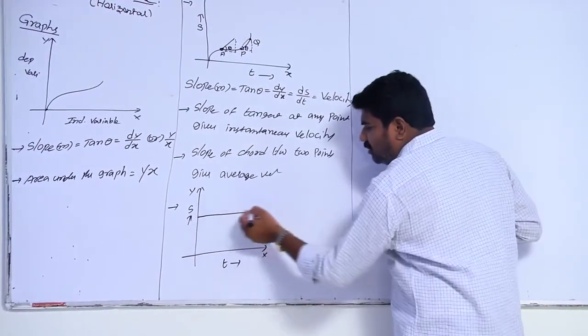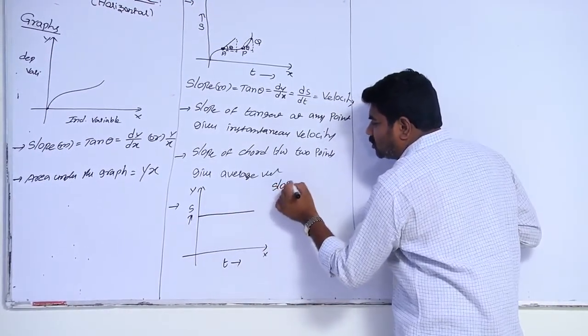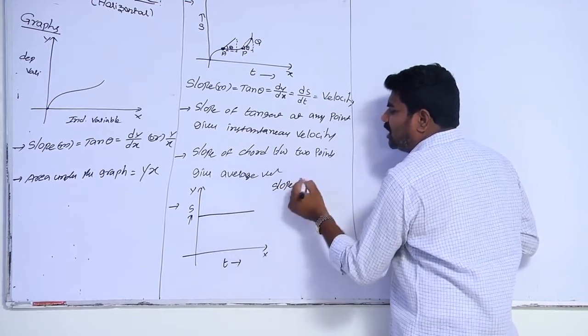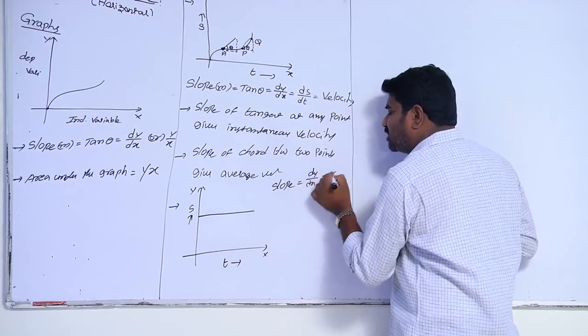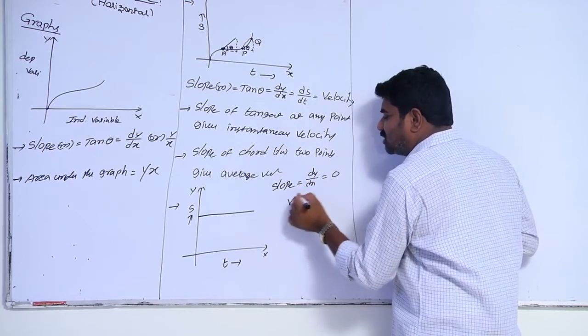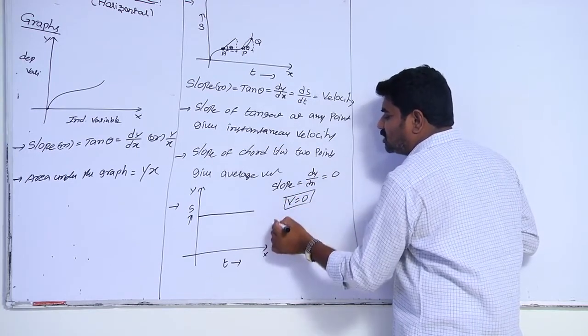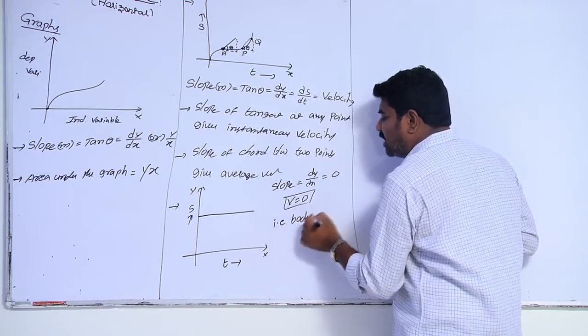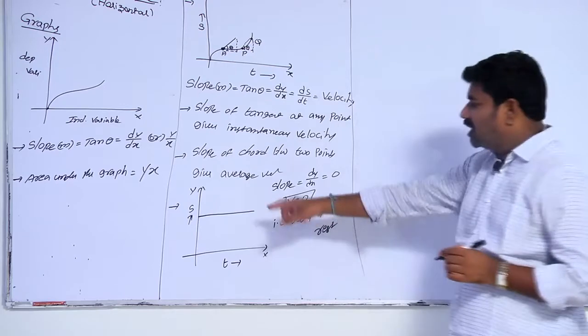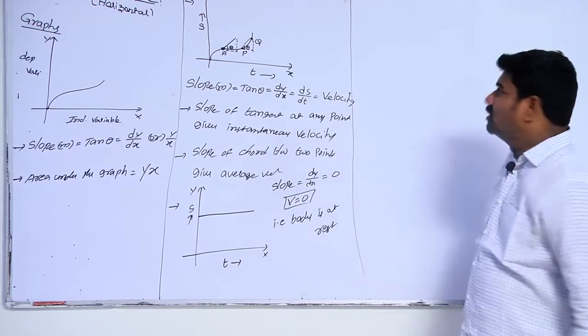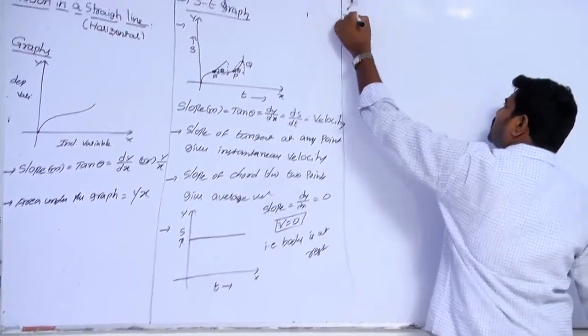What is the slope? Slope is dy by dx, but dy is equal to 0, so dy by dx is 0, that is velocity is equal to 0. The body is at rest position.